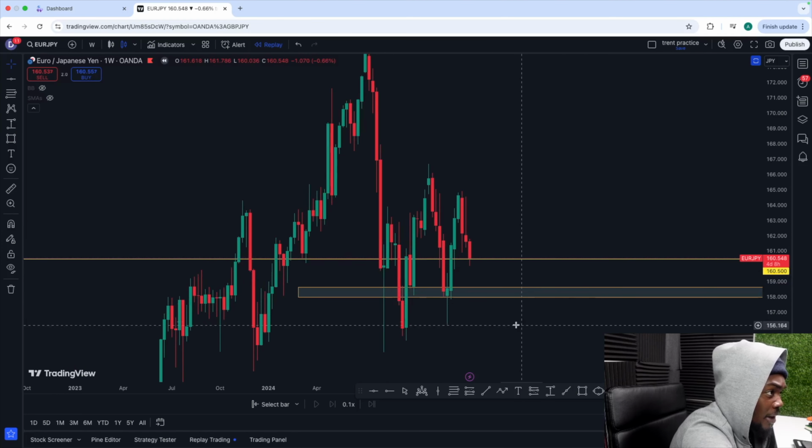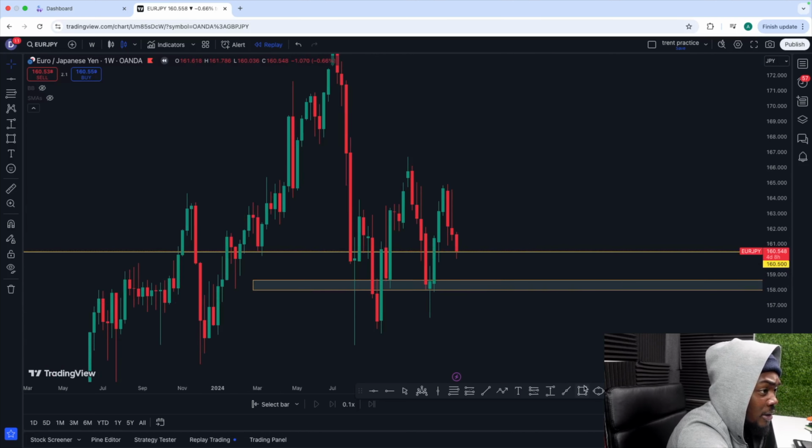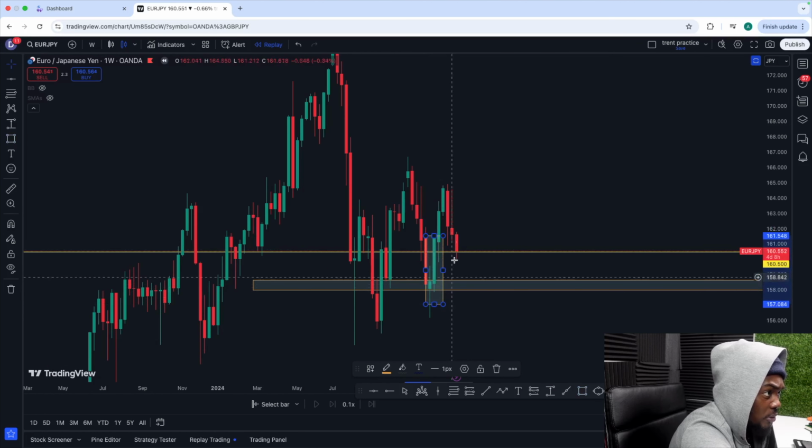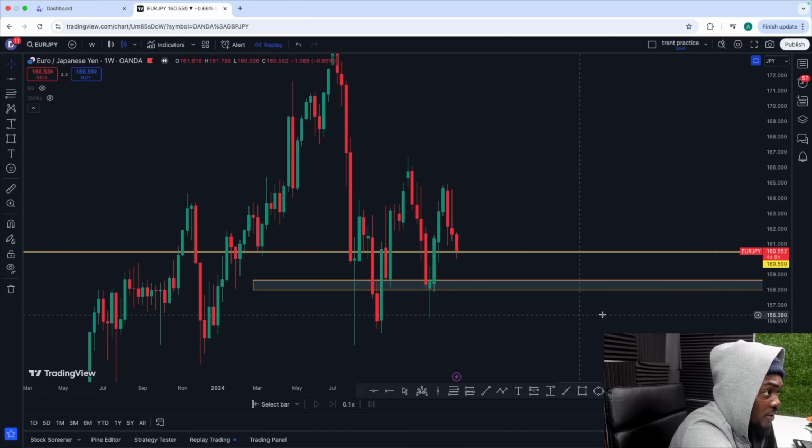And the way to identify how the banks and institutions got in an area is just check out the candle. So you look at this candle here. This is where the reversal happened. Price comes down, retests this area, and then pushes up. So coming out of this area, we see a nice strong green candle that came right out of this area.